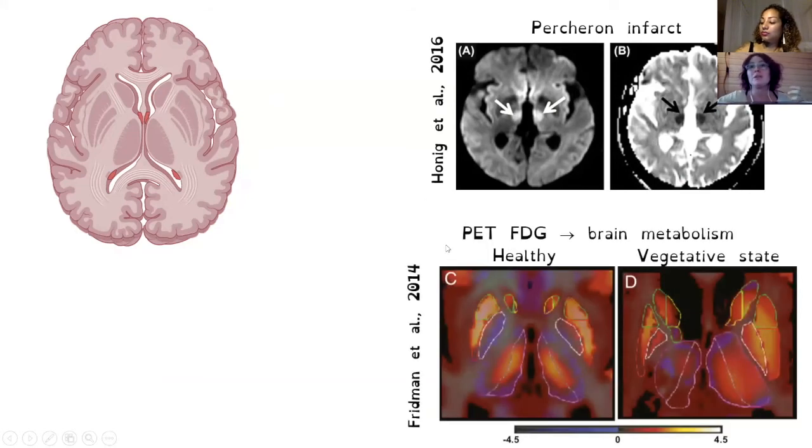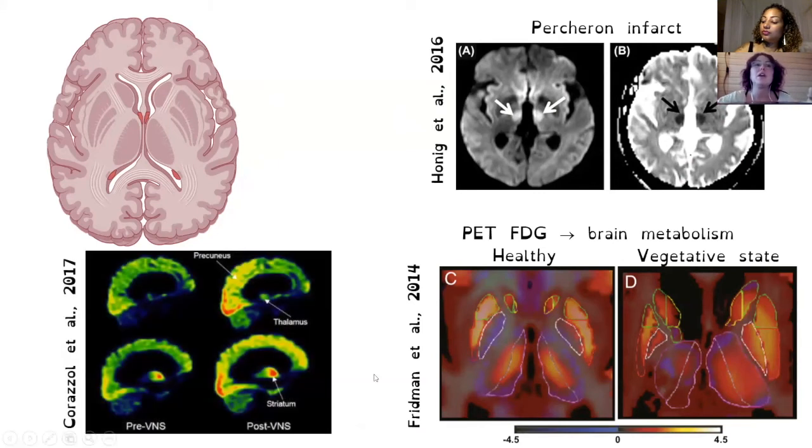And if you look at the metabolism of the brain, that's to say the activity of brain regions, you can see that in healthy subjects you have metabolism, so activity, in the thalamus, which is decreased in a patient in a vegetative state. But on the opposite, in this more recent paper, a patient in a vegetative state had stimulation of the vagus nerve, and there was a slight improvement of his clinical state. And this improvement was linked to an increase of the metabolism in the thalamus and the striatum.